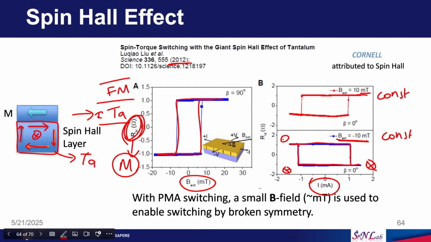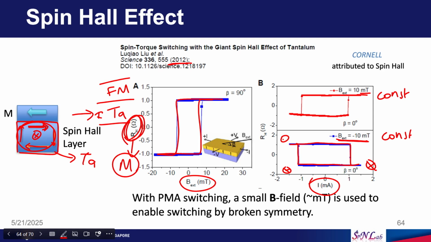Okay. So, they typically follow this circular relation. So, spins go to the different edges of the heavy metal layer. So, when this type of spin goes up, it can switch the magnetization from pointing left to right. Okay.